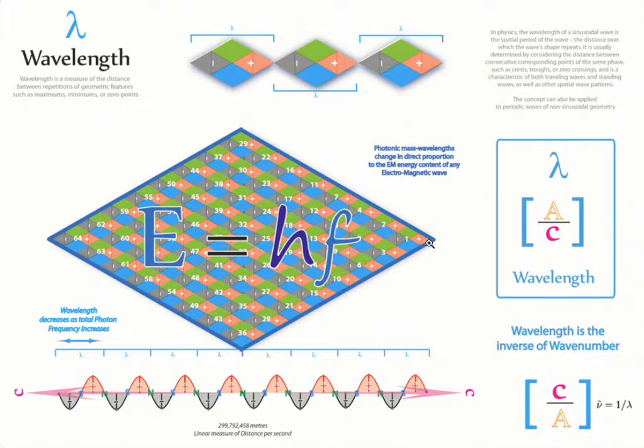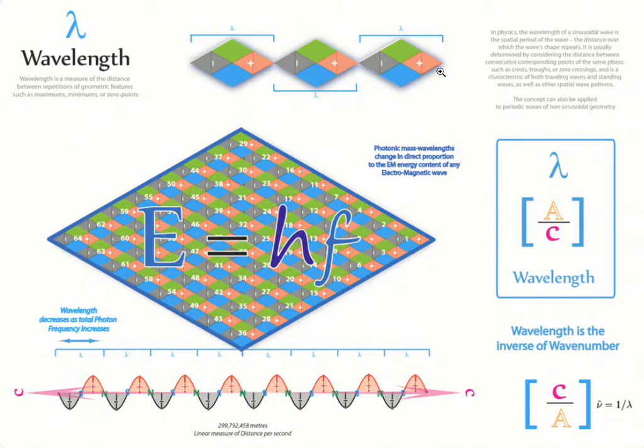Again, in the case of photons, it's the measurement from, in this case, the start of the positive field right through to the beginning of the start of the positive field again. So it contains a positive and a negative wave within each frequency. If we were to measure the boson field, we'd measure individual quantities of positive and negative, and we'd get twice as many waveforms as we do with photons.